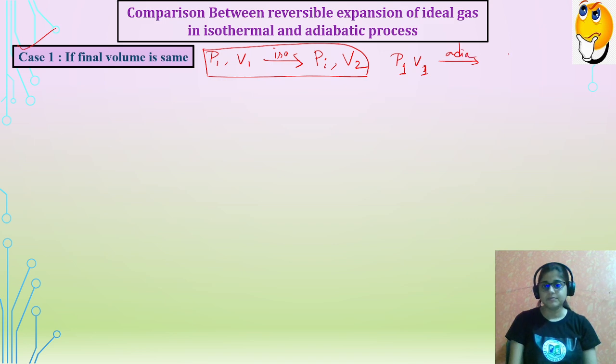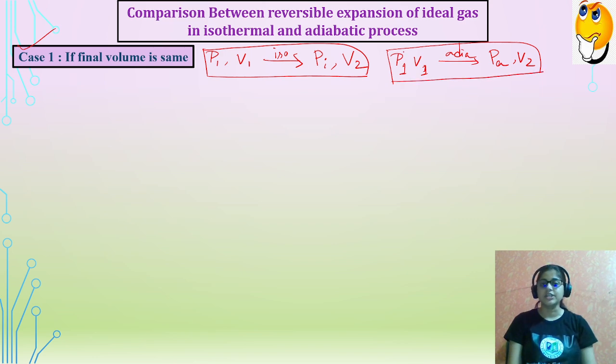After adiabatic expansion, let's say the pressure is now PA and the volume is V2, because here the condition is that the volume will be the same. Next we will take the condition when the pressure will be the same. That we will do in a later slide.